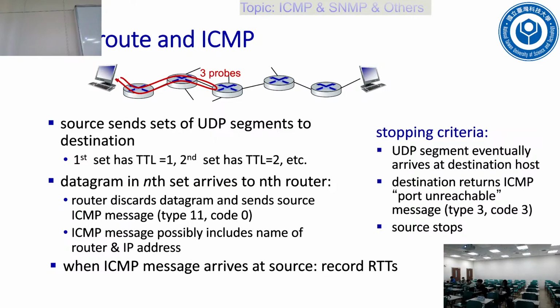For the stopping criteria, because we cannot do this forever, once we reach the destination, traceroute stops. Once we reach the destination, the destination will send one ICMP message, port unreachable. Maybe you think, why port unreachable? Because we want to stop it. It reached the destination, but it cannot reach the destination port. If we want to stop it, which one do you think should be the best?